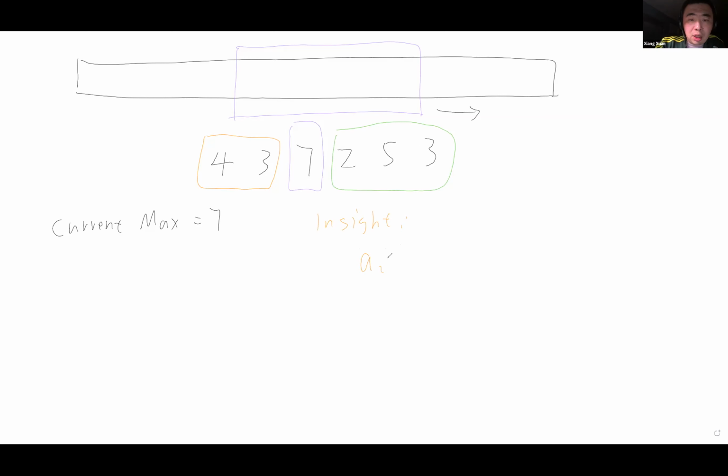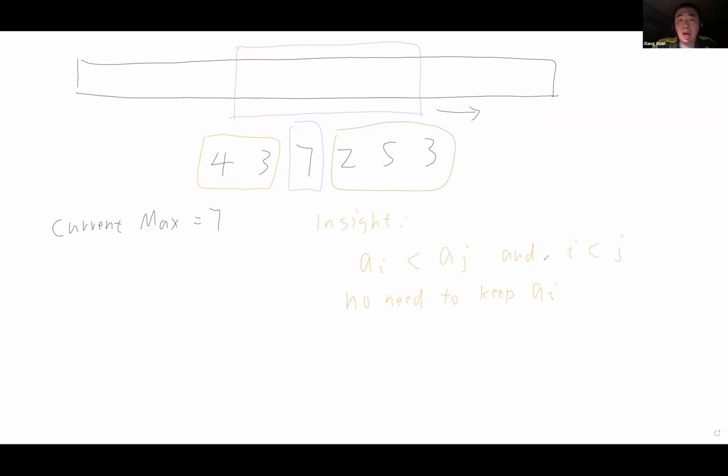If a[i] is less than a[j] and i is less than j, meaning a[i] is less than a[j] and a[i] is before a[j], then in this case there is no need to keep a[i].